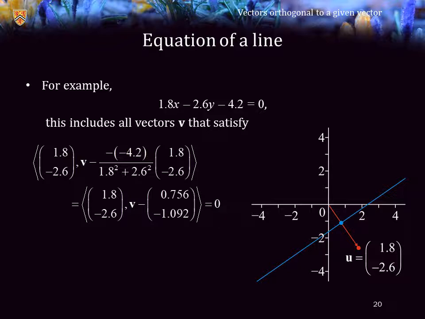Well, we can now find the one point on the line that is a scalar multiple of the vector u equal to (1.8, negative 2.6), and that turns out to be the vector (0.756, negative 1.092). And so all the points on the line given by this equation are all vectors v such that v minus this particular vector is orthogonal to the vector (1.8, negative 2.6).